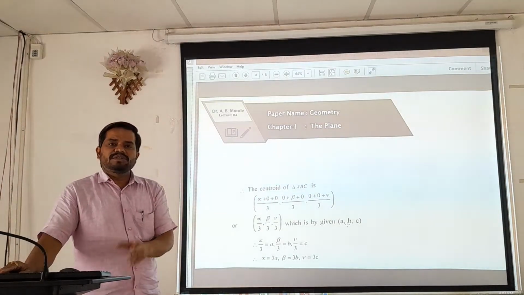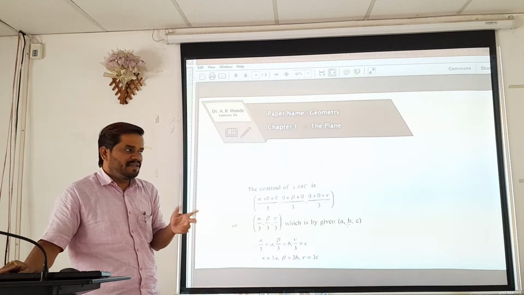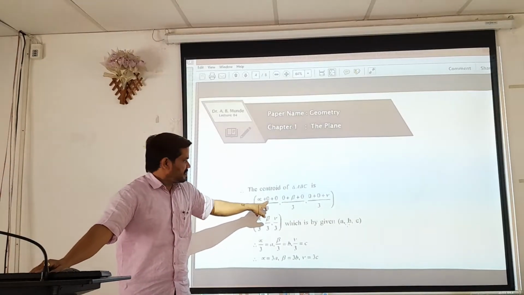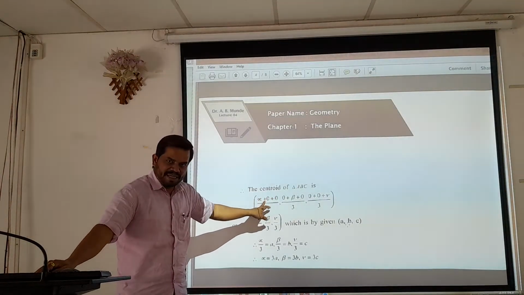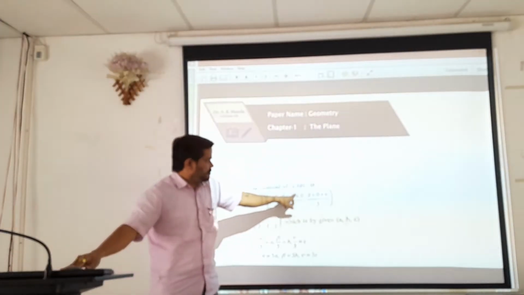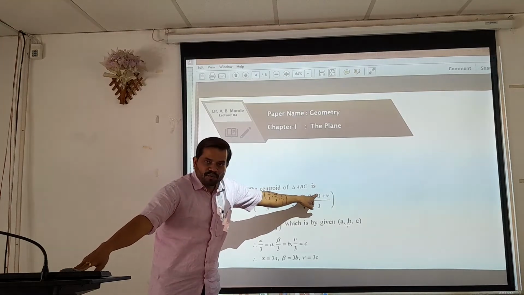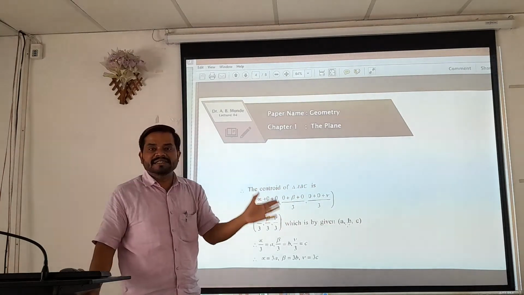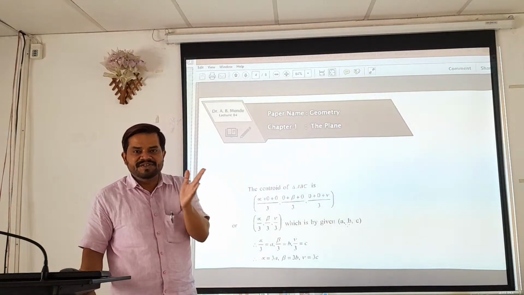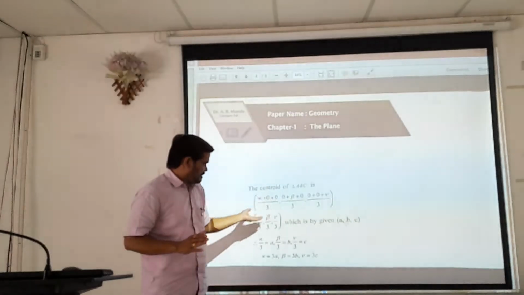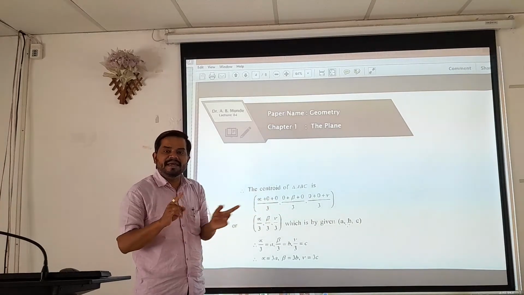Now, you know the centroid of triangle ABC is given by the coordinates of the first point, A, plus the coordinates of the second point, B, plus the coordinates of the point C, all divided by 3. This is familiar as the centroid of triangle ABC.